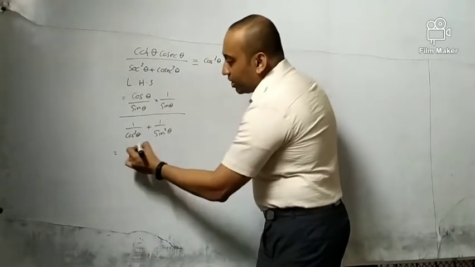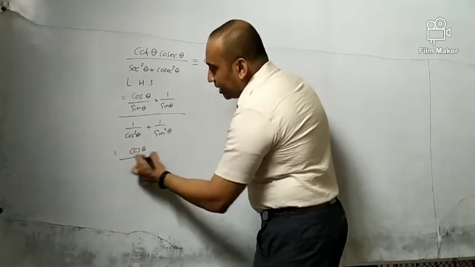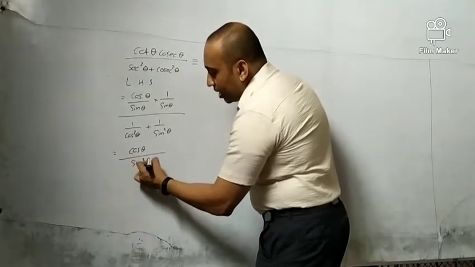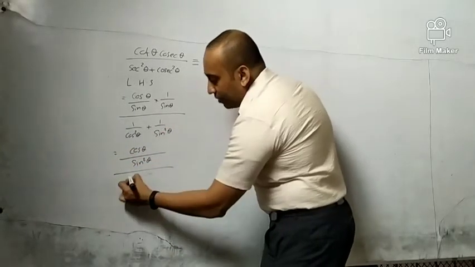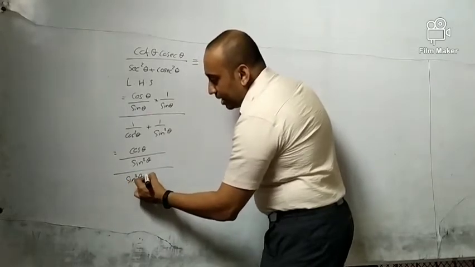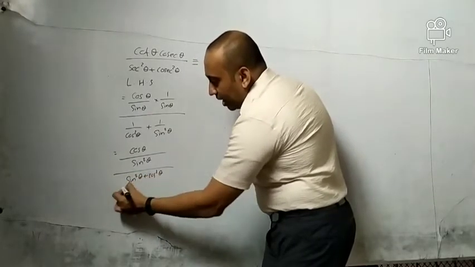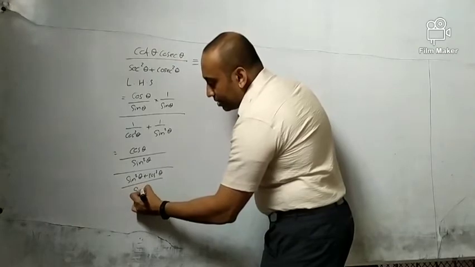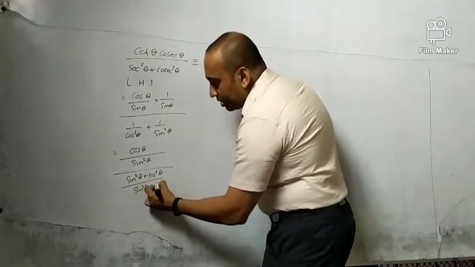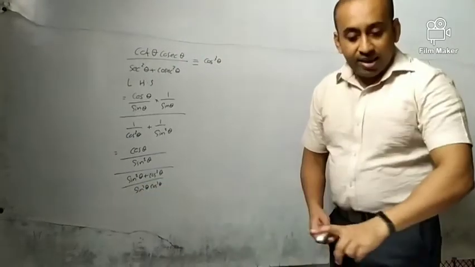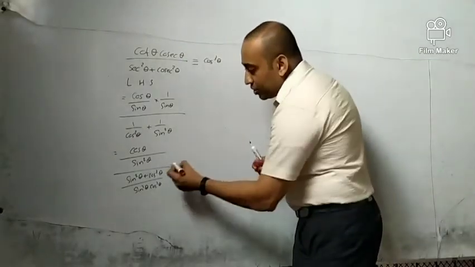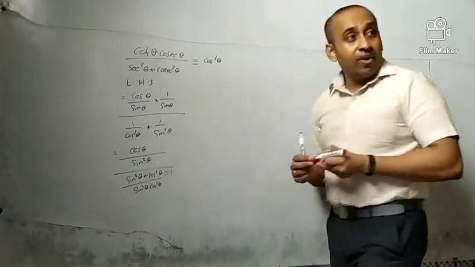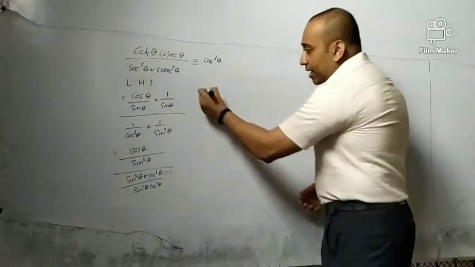If you simplify this, what you get here is cos theta over sin square theta divided by, if you take the LCM over here, sin square theta plus cos square theta over sin square theta cos square theta. Right. Then we know that this bit is equal to how much? This turns out to be 1. Therefore, you can say this one.